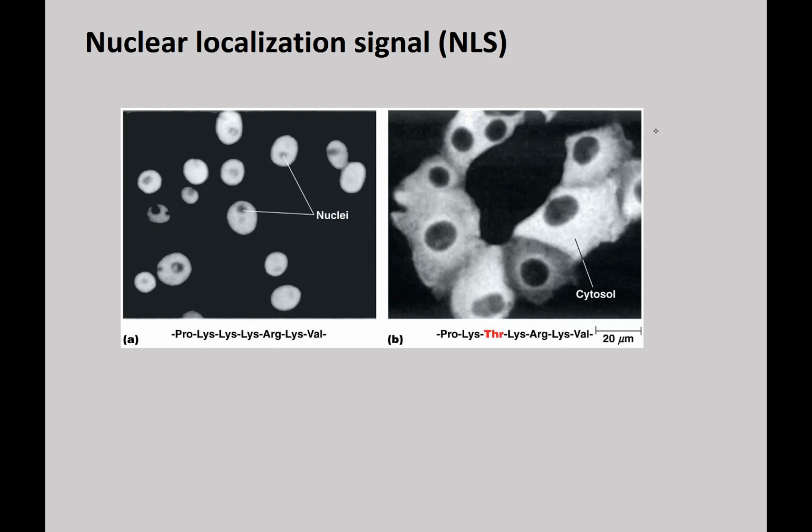An important feature of proteins that are going to be destined to go into the nucleus is a nuclear localization signal. So this is amino acids. Let me write that out. Amino acids.